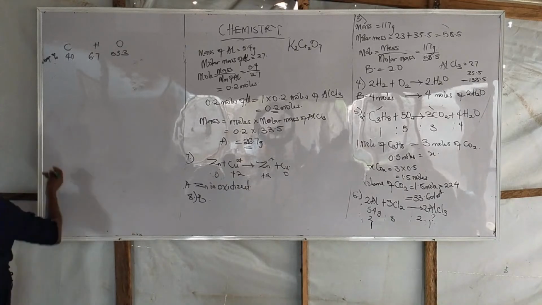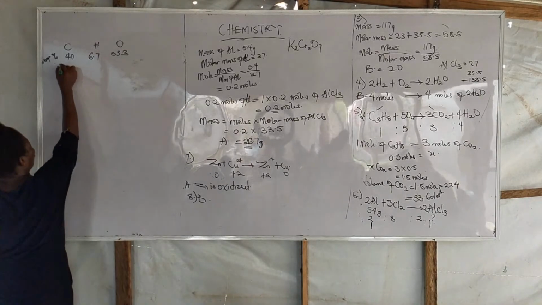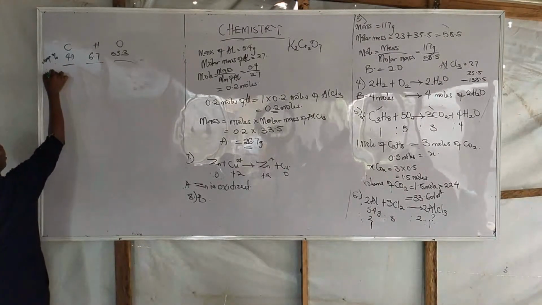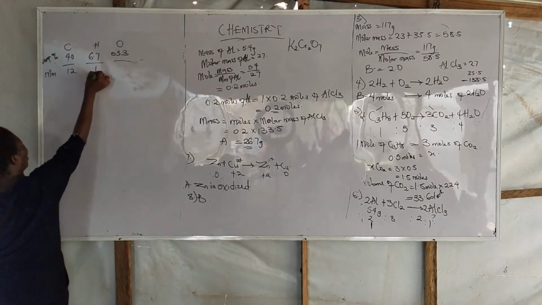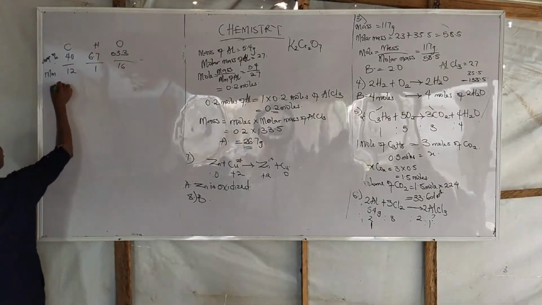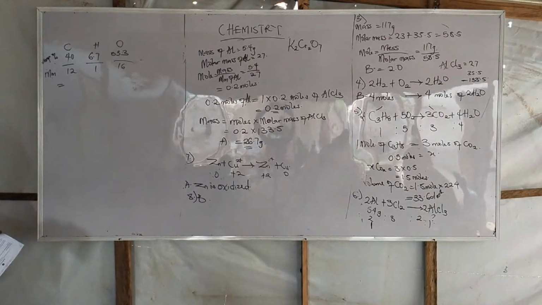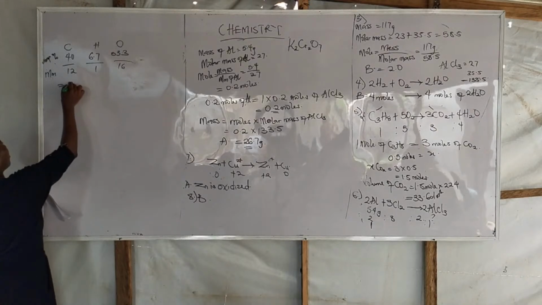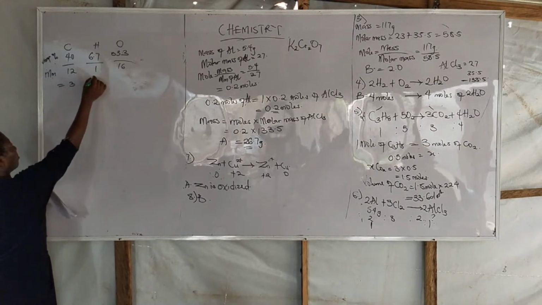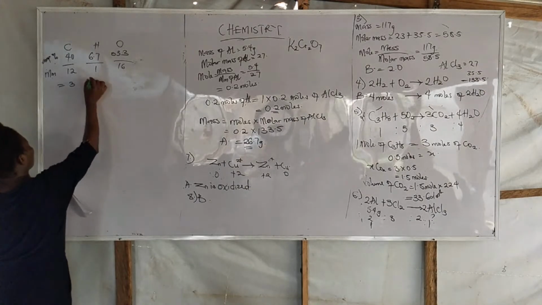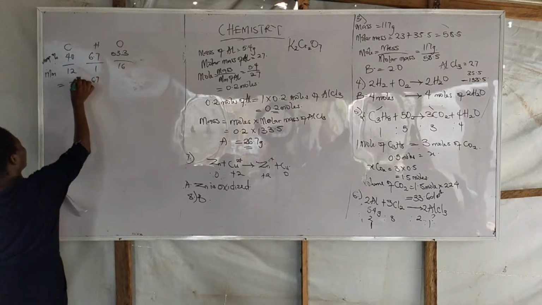When you have this, what you have to do is divide them all through by the molar mass. The molar mass here is 12, 1, and 16. When you divide them by the molar mass, what are you going to get? Quickly do that for me, please. This one is 3.3, this is 6.7, and this is 3.3.